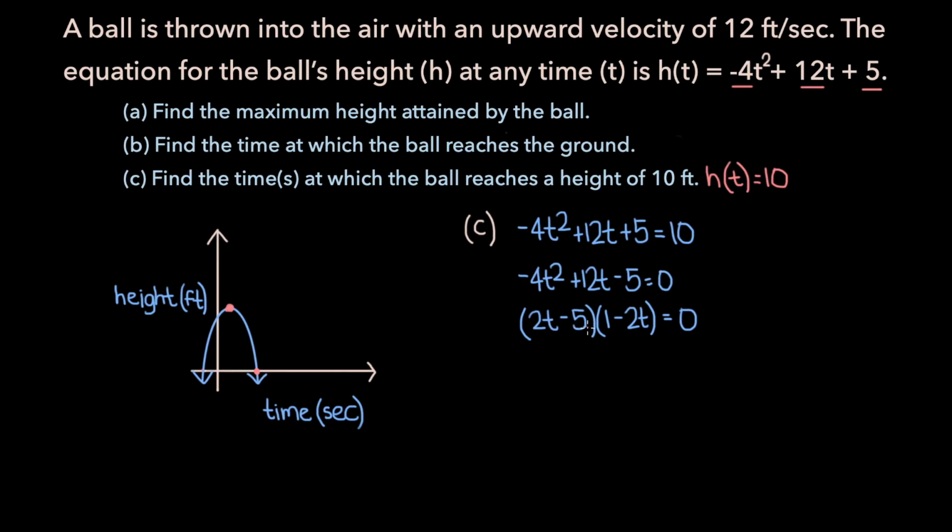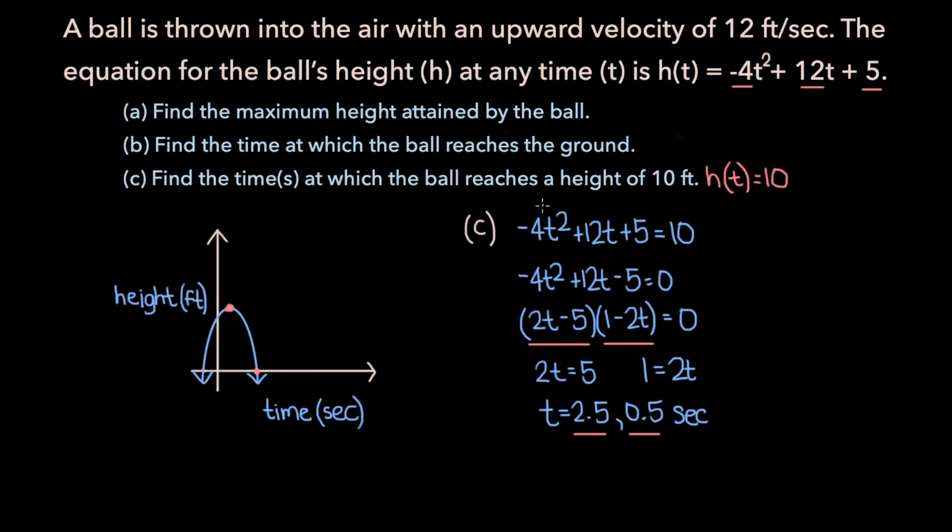The equation will be 0 either when 2t minus 5 is equal to 0, which is when 2t equals 5, which is when t is equal to 2.5, or the equation is equal to 0 when 1 equals 2t, which is when t equals 0.5. And once again, we should just keep units in mind. These times are in seconds. And so here are the two times when the ball reaches a height of 10 feet.